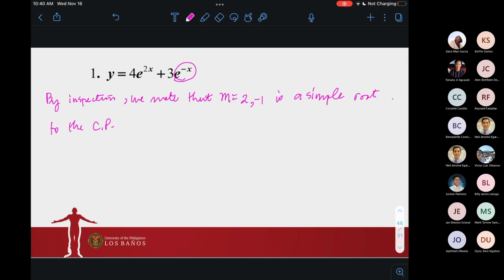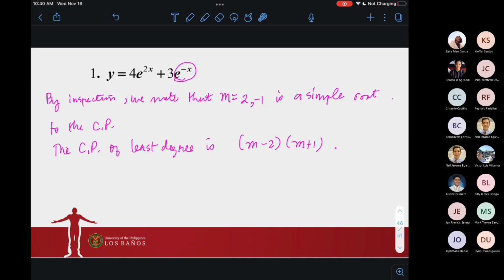So, ibig sabihin, yung itsura ng characteristic polynomial natin ay, the characteristic polynomial of least degree is m minus 2 times m plus 1, right? Alam ko ito yung characteristic polynomial kasi dapat from how the equation looks like, dapat si m equals 2 at saka si m equals -1 ay solution ng characteristic polynomial equal to 0.